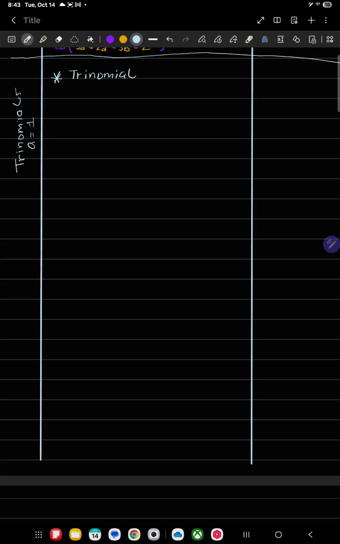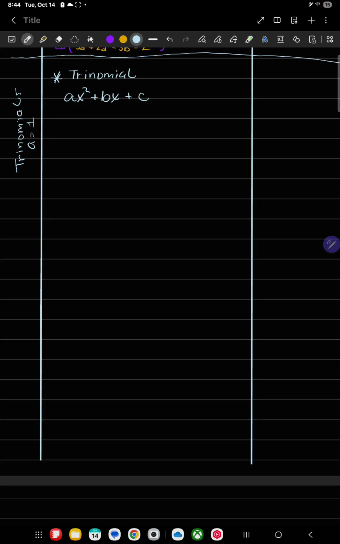This will not work in any other polynomial. It has to be a trinomial. And when I say trinomial, it has to be like x squared, which has to be your highest exponent on the variable.